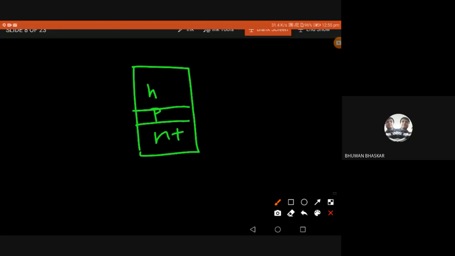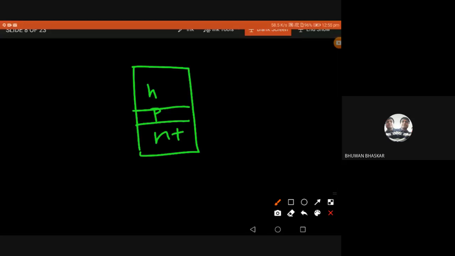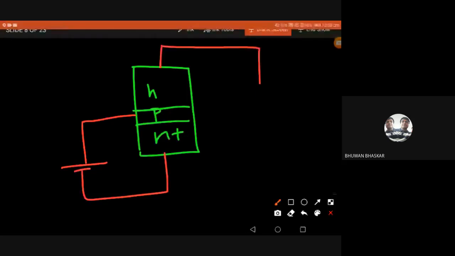So these are the things. Now I'll give it a forward bias: plus on the P and minus on the N. Again, I'll give a reverse bias here, plus on the N, minus on the P. The net effect is the same.